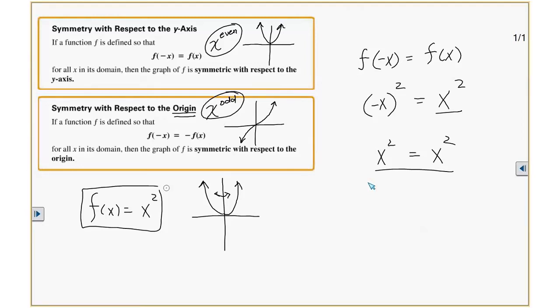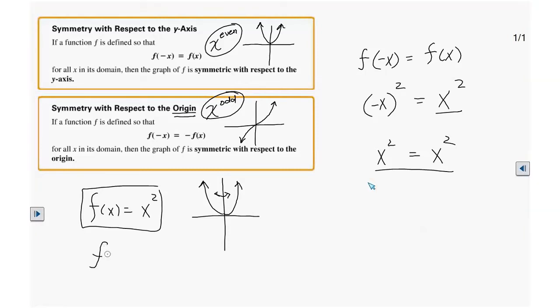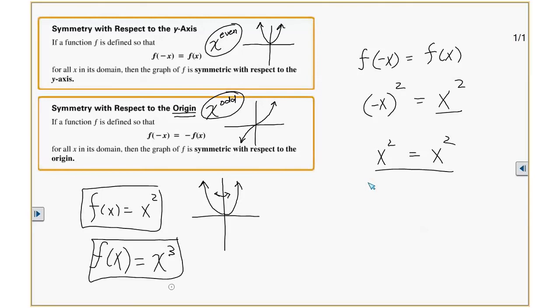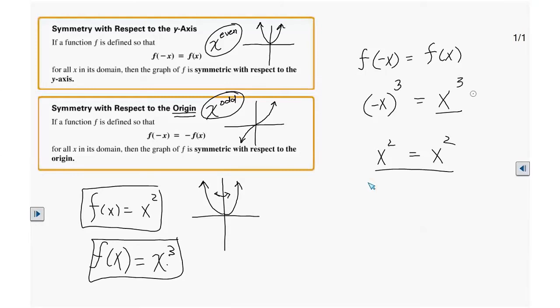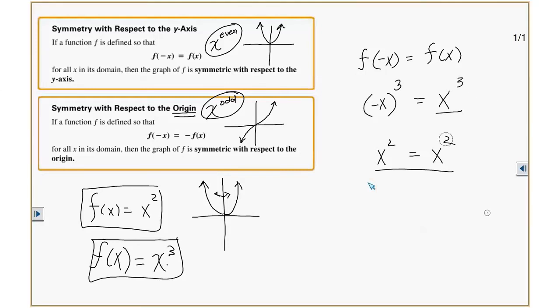Let's do f of x is equal to x cubed. All right, let's check this one. So we change this to a cube, and f of negative x is going to be equal to x cubed. Is that a true statement? What is negative x to the cube?